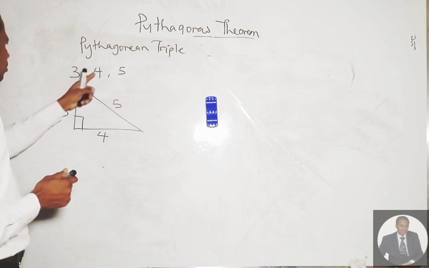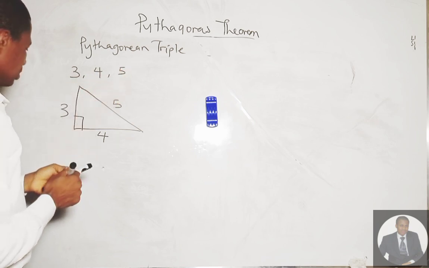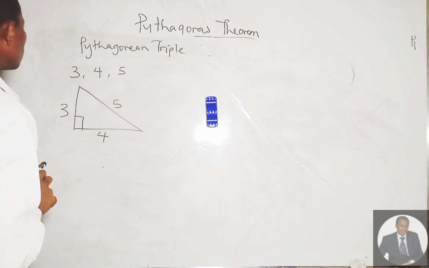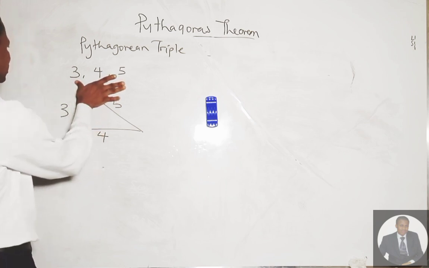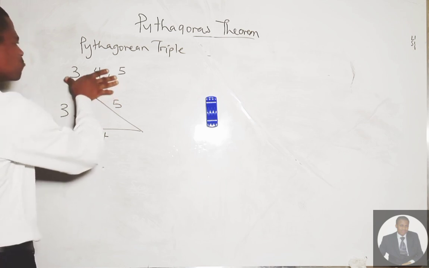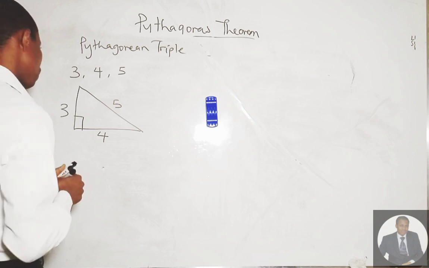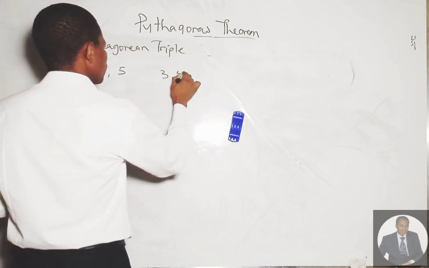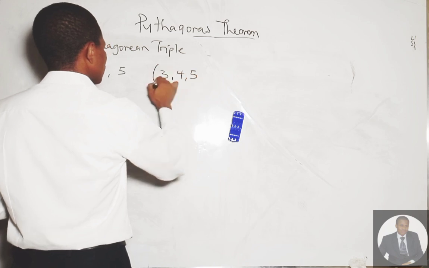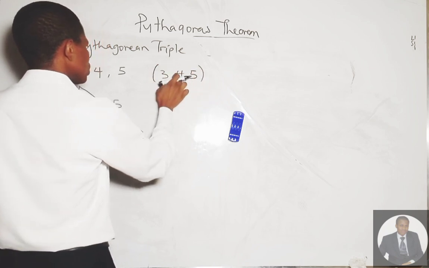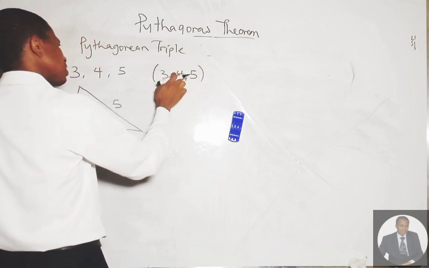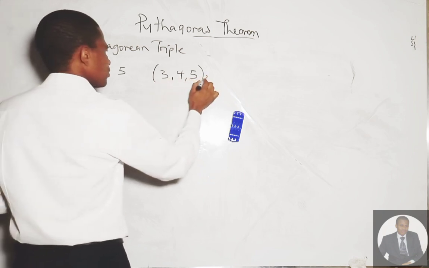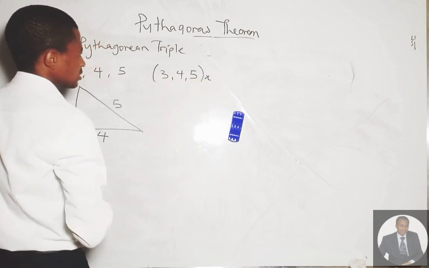In the Pythagorean theorem, this is trying to tell us that whenever we have something like this, we could have multiples of it. What do I mean? If we have 3, 4, and 5, hypotenuse, opposite, adjacent, we could have a multiplier x.